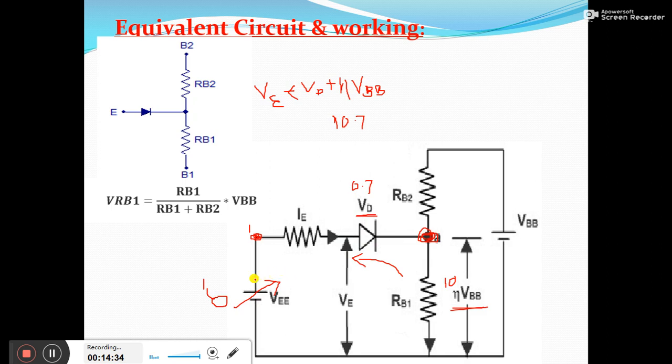Let's say once this VE value is increased to 10. Remember, this point is also at 10 volts and this point is also at 10 volts. Since these two points are at the same potential, the diode is not biased at all, or you can say there is no current flow, and the IE current will be equal to 0.